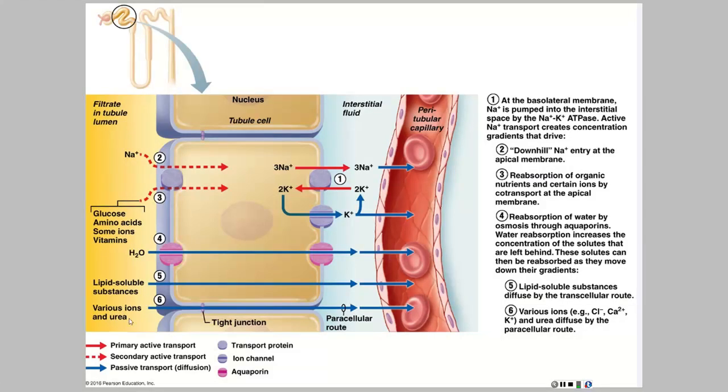We don't have an example of that here, but we can see it a little bit later on another diagram. But what we have is sodium comes in and H plus goes into the filtrate, which allows hydrogen ions to move from the blood into the cell, ultimately into the filtrate.